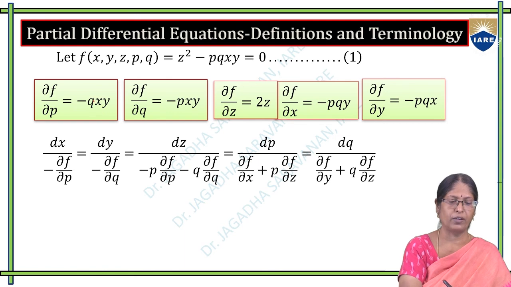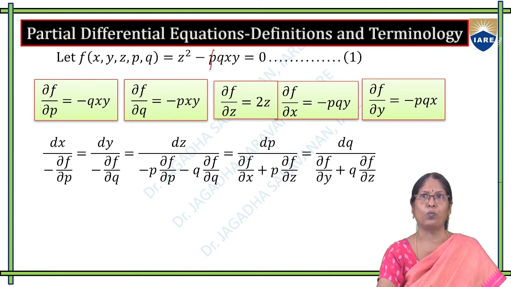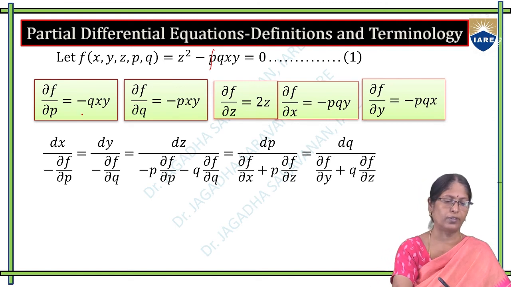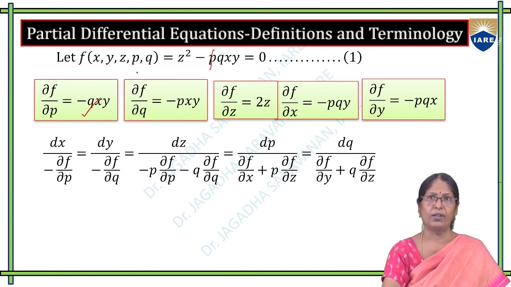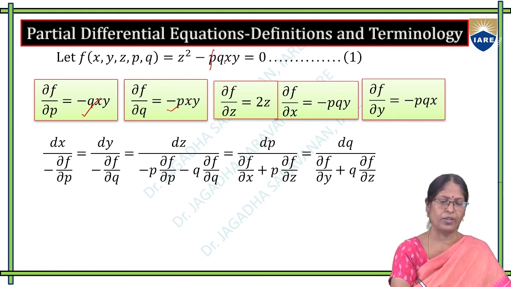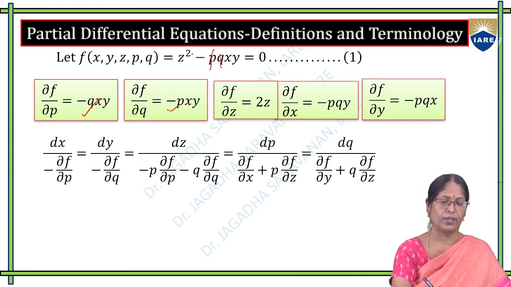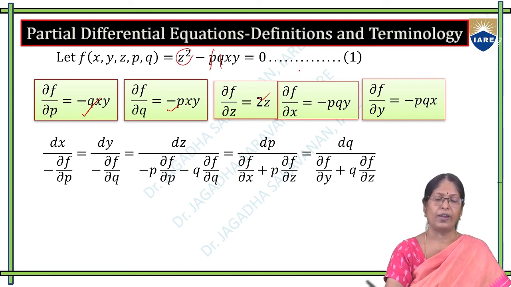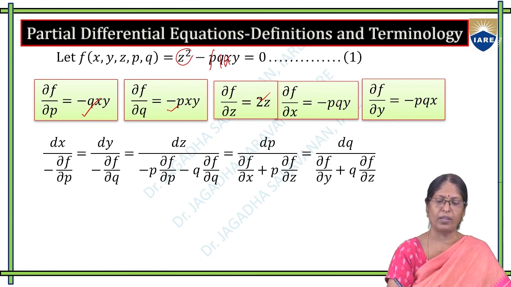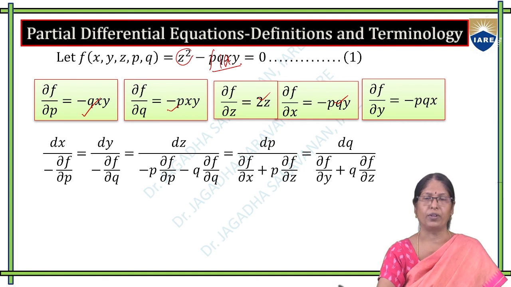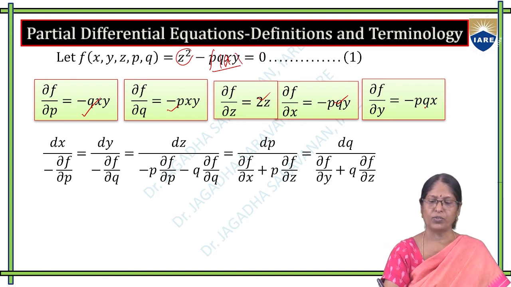Here p we are doing, the differentiation of p is 1, into qxy. This is the result we obtained. Similarly, here for q, q is 1, so 1 into pxy. For z, we have 2z. And for x it is 1, the remaining is written because they are put together under multiplication. For y it is 1, which is written.